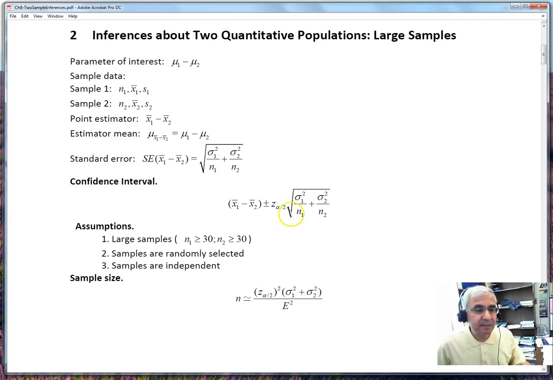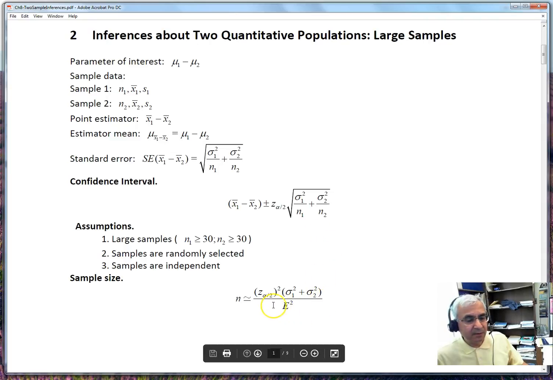Okay, and if you remember from previous chapters, sometimes we would like to have our margin of error fixed, because a large margin of error makes your estimation meaningless. So I want to limit the margin of error. So what sample size do I need so that I can control the margin of error?